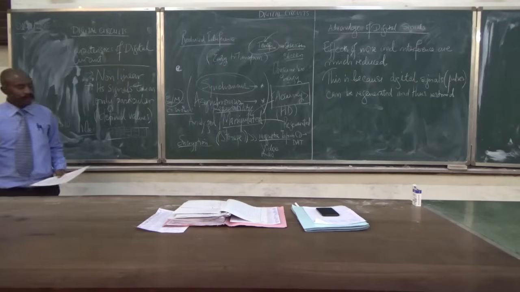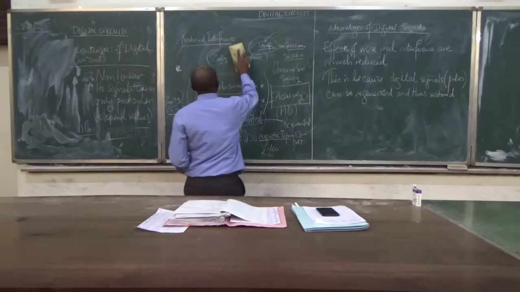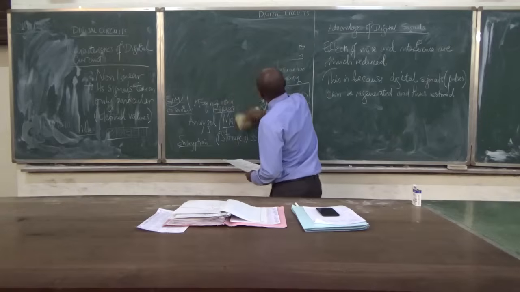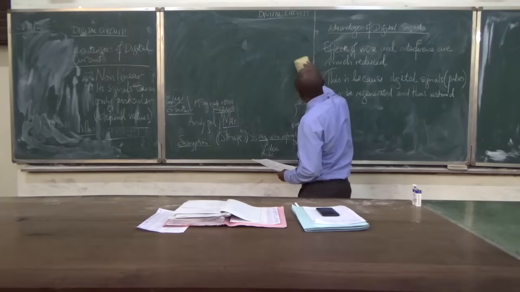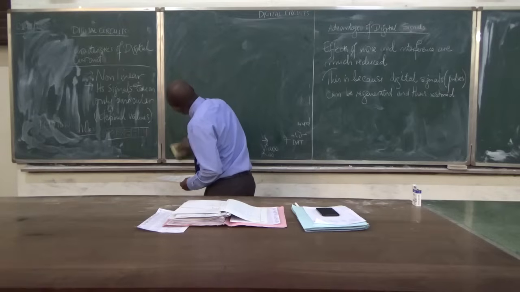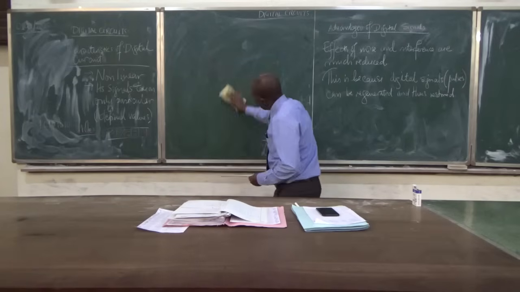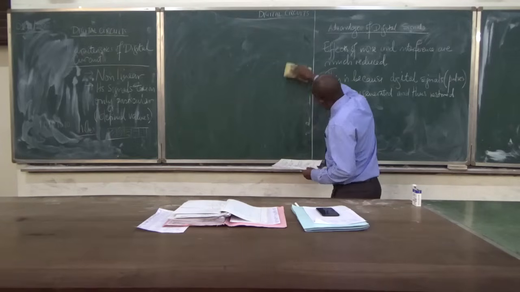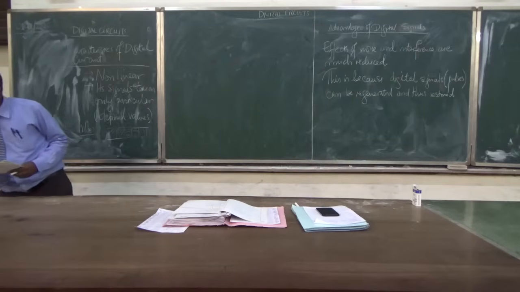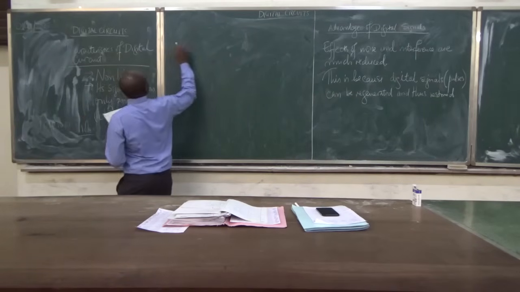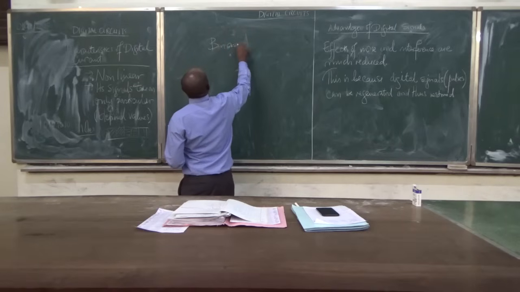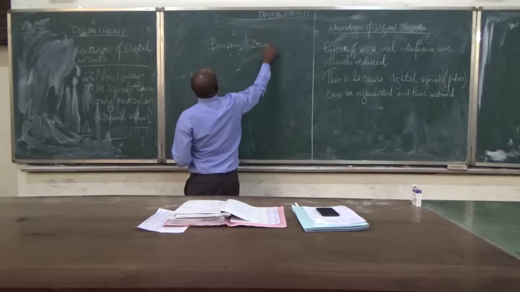So we move on to a simple digital device, which is called a binary device, which I have just shown you an example of. Binary device.